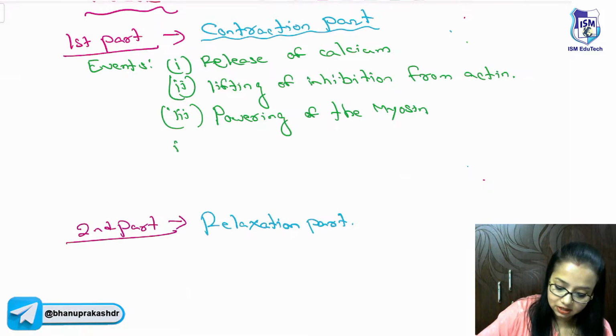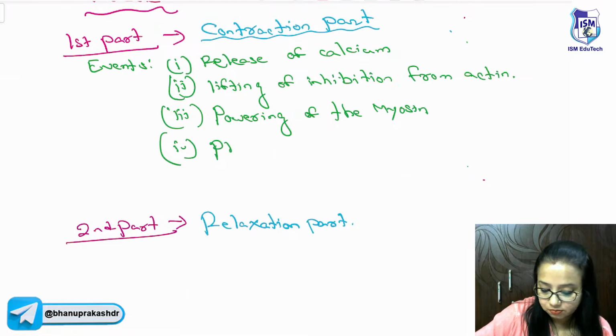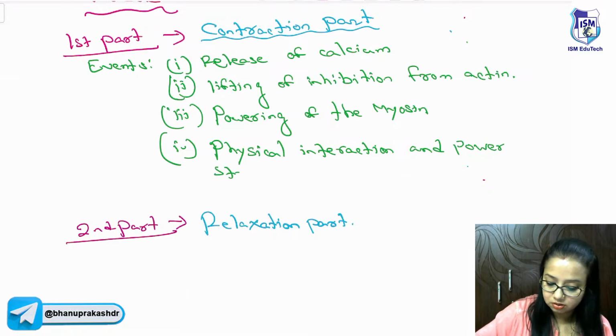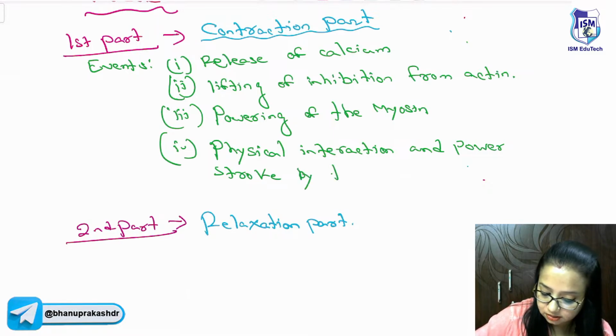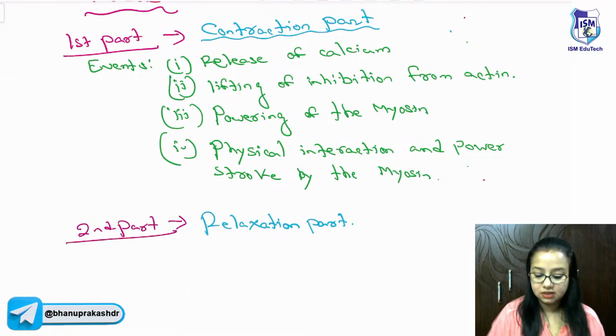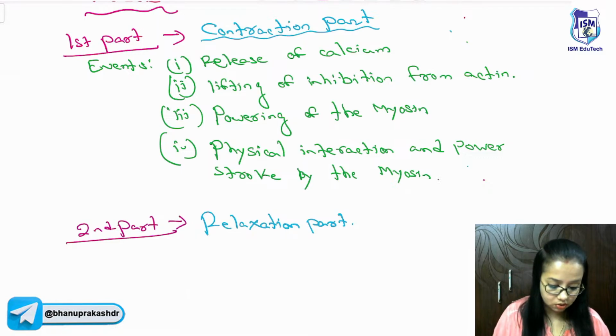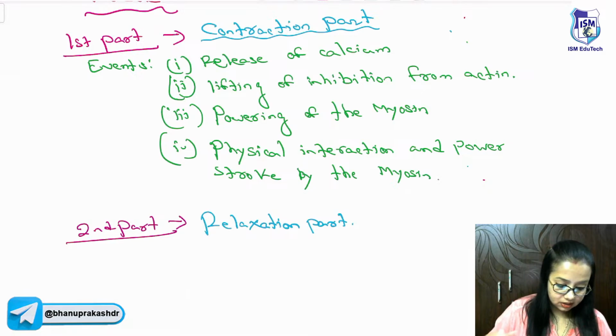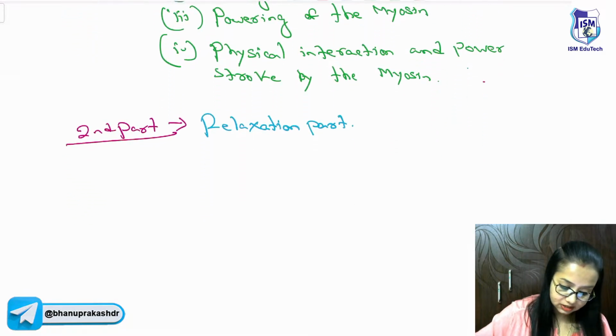Okay. Then, physical interaction and power stroke by the myosin. Okay. Event wise, there are thus 4 events that are actually happening. Now, this is your contraction part.